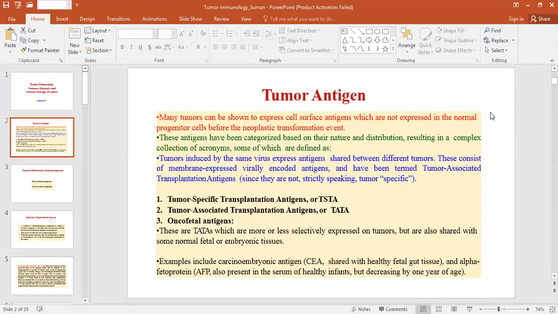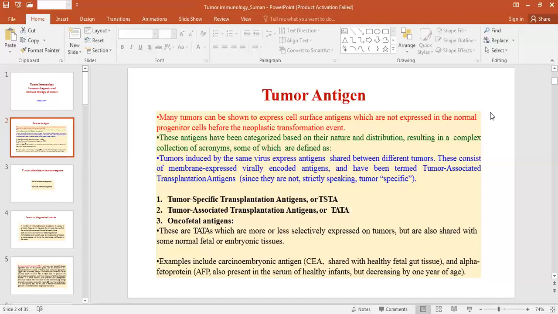So, tumors induced by some viruses express antigens shared between different tumors. These consist of membrane expressed virally encoded antigens and have been termed tumor associated transplantation antigens, since they are not, strictly speaking, tumor specific.